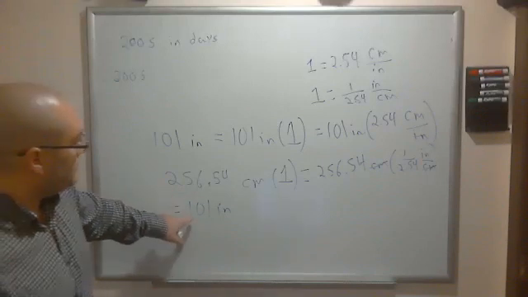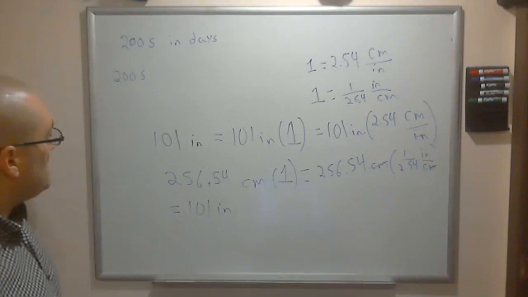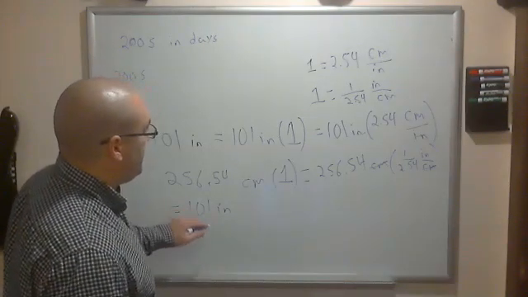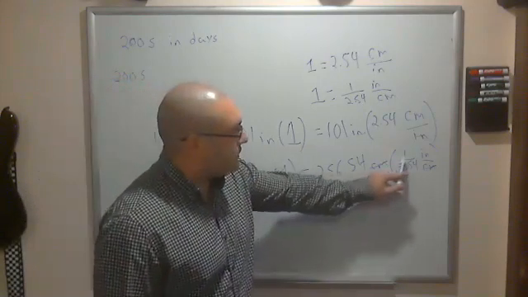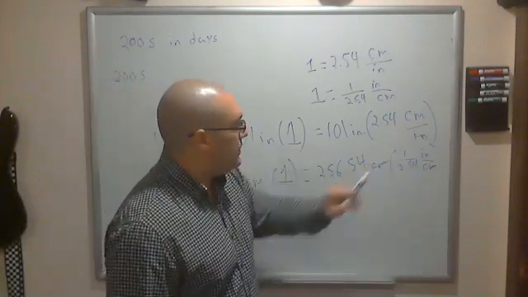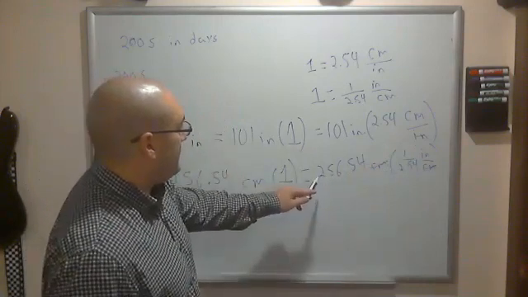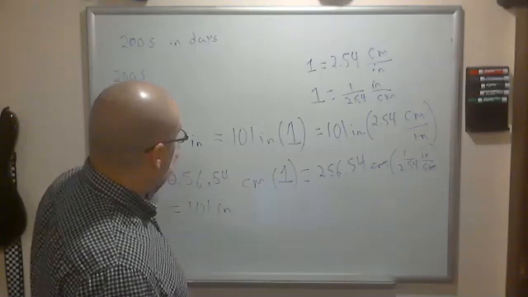So 101 inches, with this number of significant figures, you can consider this an exact number. What happens is that you just take over whatever significant figures you have in that first quantity.